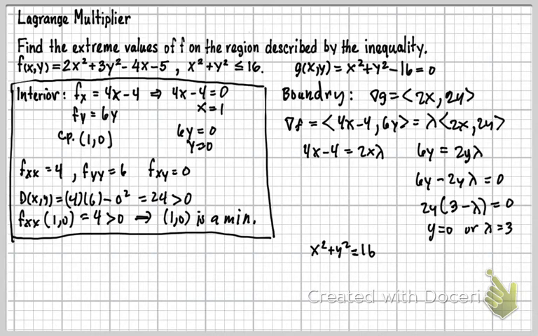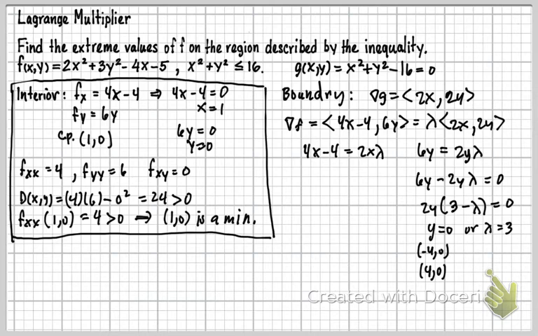So this is okay to just have the equal sign. Okay, so now I'm plugging in the 0 for the y, so I get x squared equals 16. So x equals plus or minus 4. So for this first one, I get the ordered pairs negative 4, 0 and 4, 0. And that's what I get for that one.